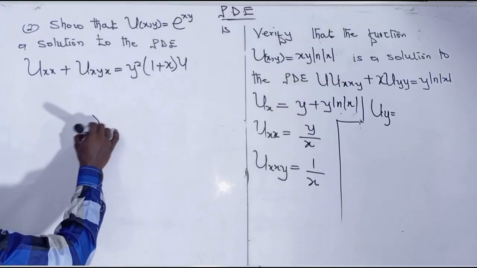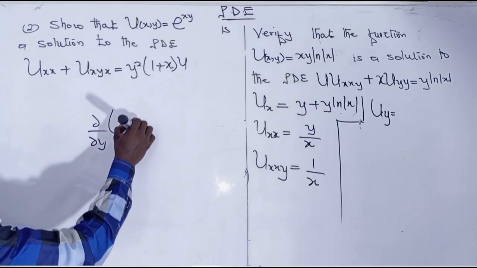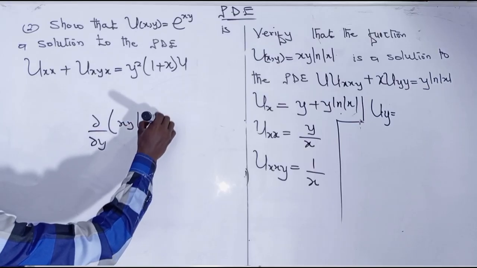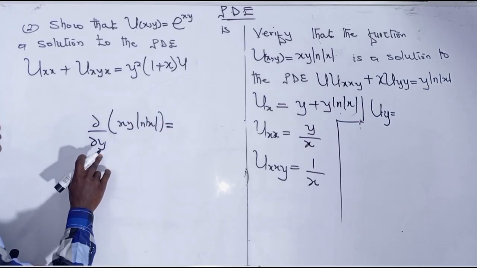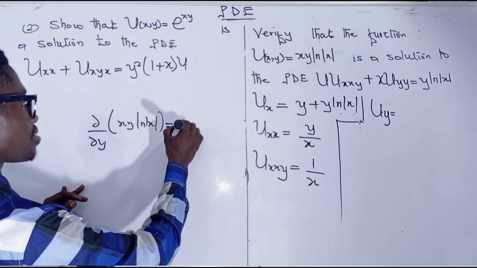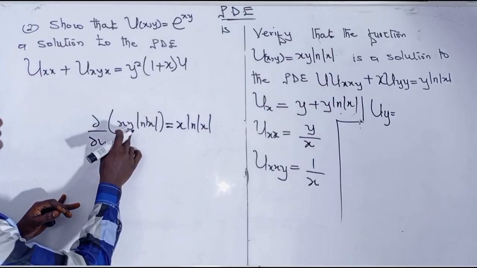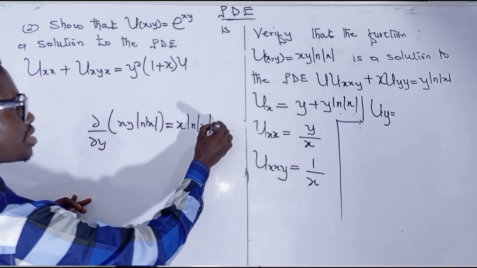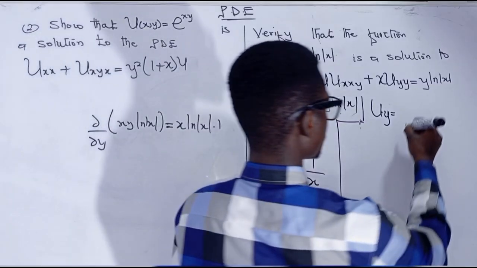So let's come here. Del y of the function xy ln x. Since we are differentiating with respect to y, the function x ln x becomes constant. Then we differentiate y with respect to y. That is giving us 1. So we are left with x ln x.